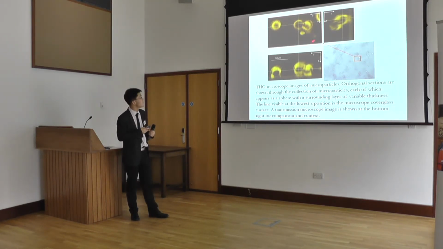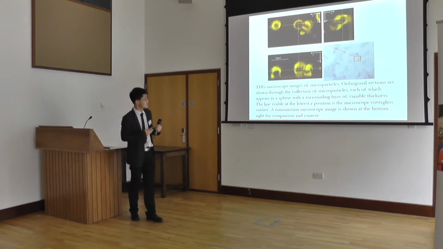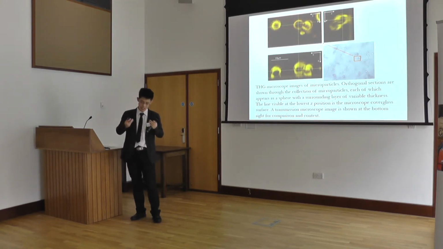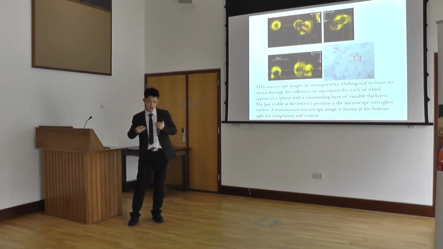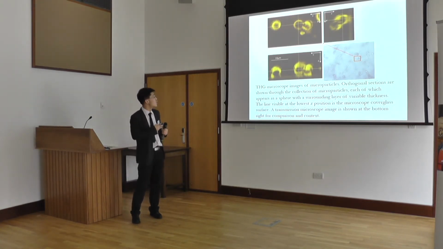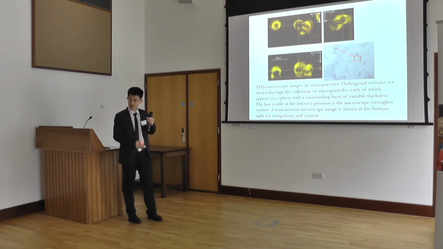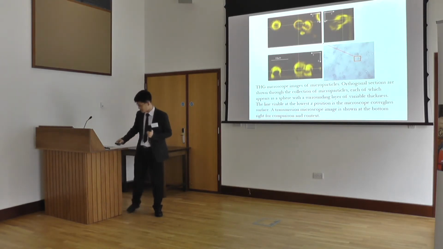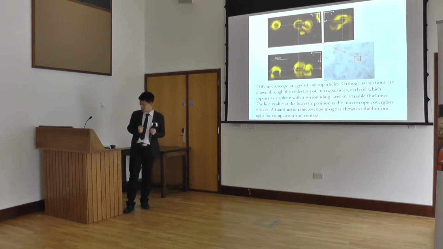As you can see, the contrast is a lot better, because out-of-focus light is not creating any signals. That's why the contrast is good. And you can also see the profile along Z. The profile along Z shows they are also a good sphere, as revealed by this image.